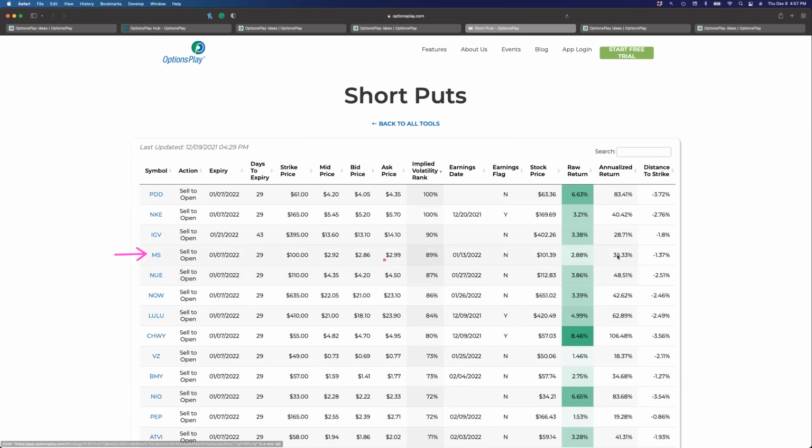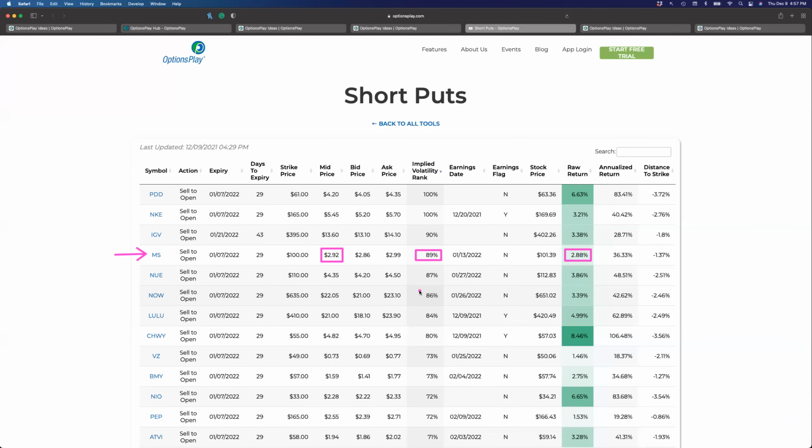So if you look at Morgan Stanley, 2.88% is a relatively high discount factor for this particular stock. As you can see, the current implied volatility is in its 89th percentile. So extremely high yield for this stock. Normally, with a stock like Morgan Stanley, you're not going to be able to collect close to 3%.